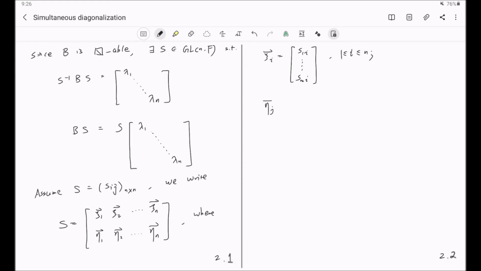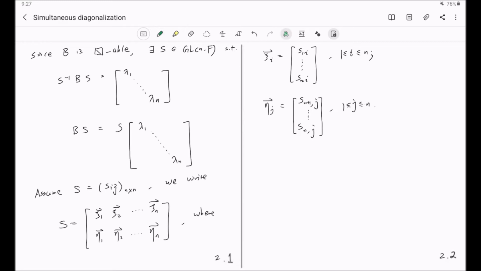And eta sub j is a column vector formed by the entries of S sub m plus 1 j through S sub nj for any j greater or equal to 1, less than or equal to n.